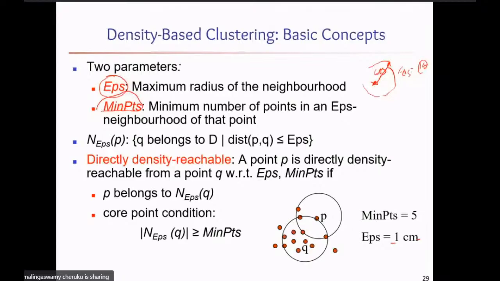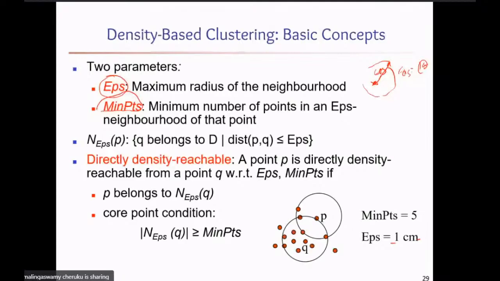Now, the density connected points. What are density connected points? There are points P and Q, and there exists a point O such that from O, P is density reachable, and Q is density reachable.